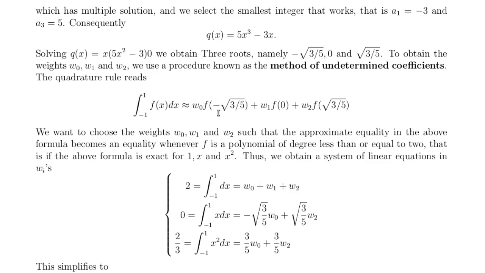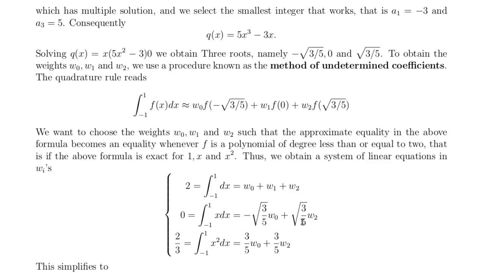But since f of x is x, it means that f will be negative square root of 3 by 5 for this position, and that's exactly what we have here, times W0, and then f of 0, which is 0, times W1, that expression will cancel out, that's why it's not present here. Now for the next one, since f of x is x, then f of square root of 3 by 5 will be square root of 3 by 5, that will multiply W2, and that's exactly what we have here.